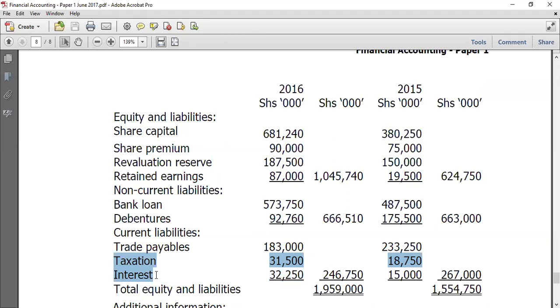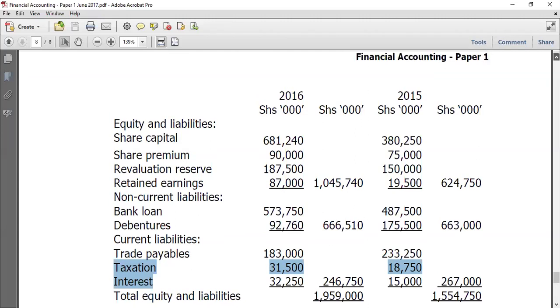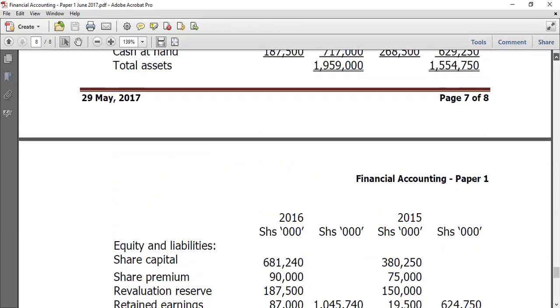Just from the perspective of reading your balance sheet or statement of financial position, once you see taxation and interest under your current liabilities, it means that this is an outstanding obligation.